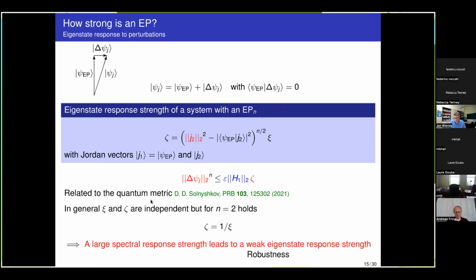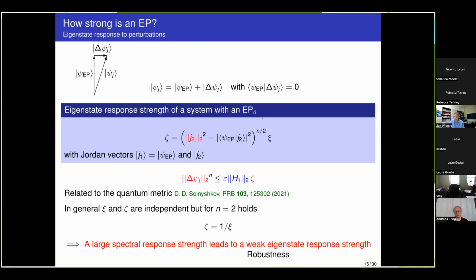Okay, now I want to continue my previous sentence. In general, psi and zeta are independent quantities, but for the special case of an exceptional point of order 2, they are simply related by this. Zeta is just 1 over psi. This means that if you have an exceptional point with a large spectral response strength, it necessarily has a weak eigenstate response strength.